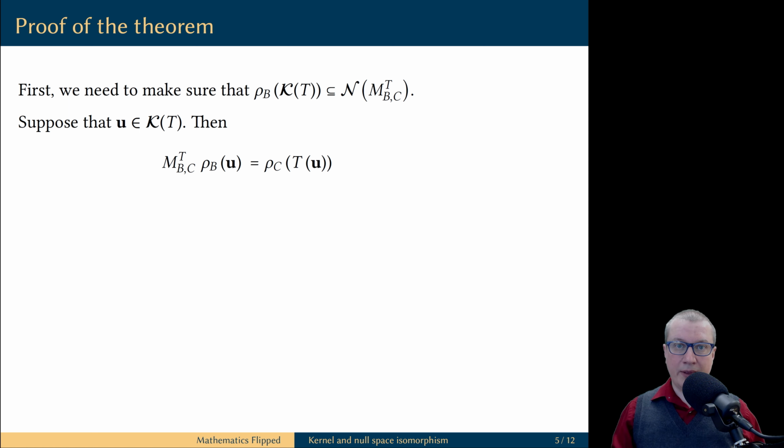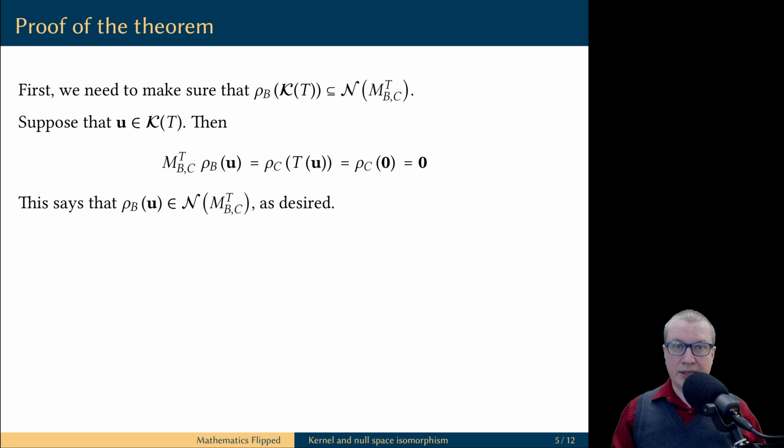We apply the fundamental theorem of matrix representation to the linear transformation T, and T of U is the zero vector because U comes from the kernel of T. Also, the vector representation rho C as a linear transformation sends the zero vector to the zero vector.